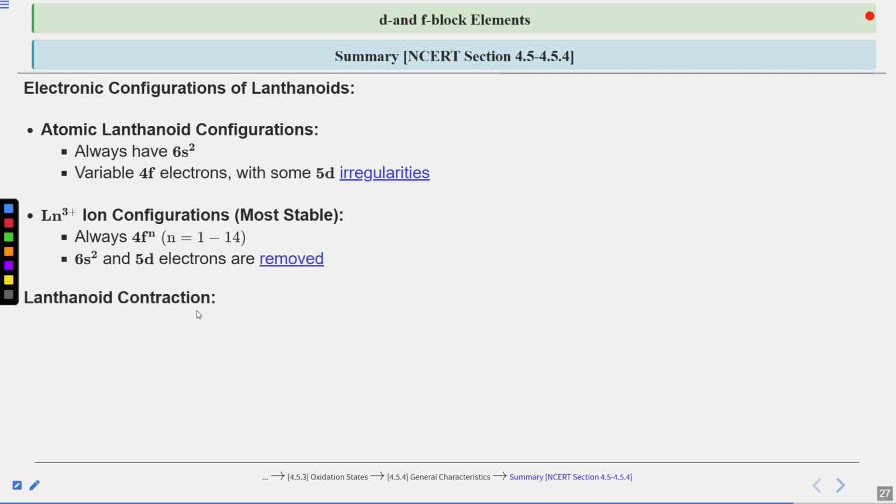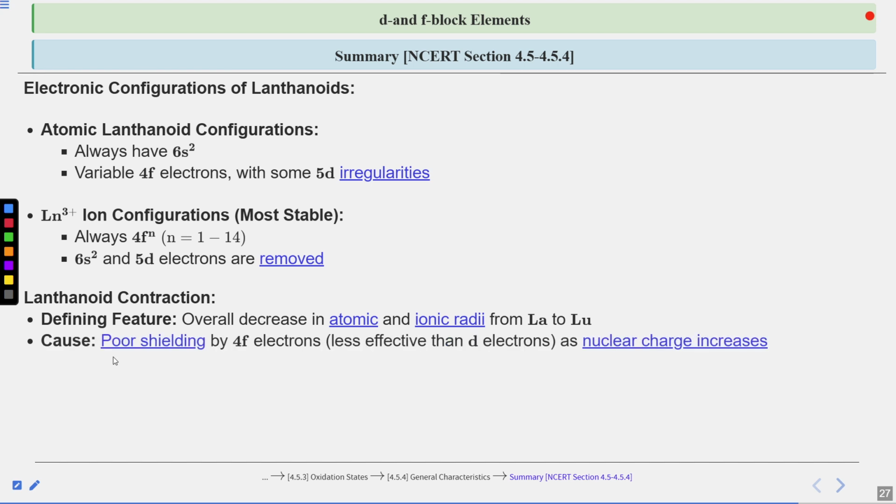Lanthanoid contraction we have seen, which is a defining feature, and it says that there is an overall decrease in atomic and ionic radii from lanthanum to lutetium. The cause is the poor shielding by 4f electrons, which is less effective than d electrons, as the nuclear charge increases.